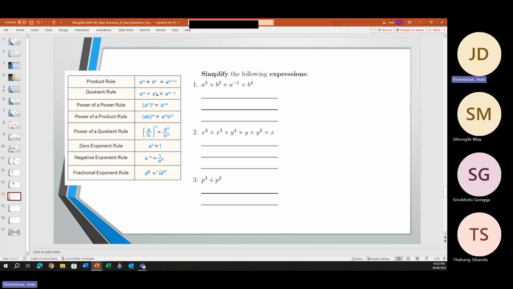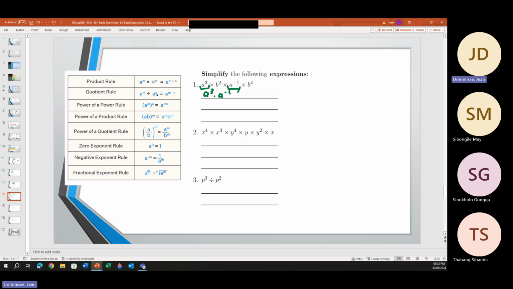Okay, so let's look at simplification. So again, multiply, multiply, multiply. When it's multiplication, we can use the exponent rule. So let's first look at this A and this A. So actually we have A to the power of 3 times A to the power minus 1.